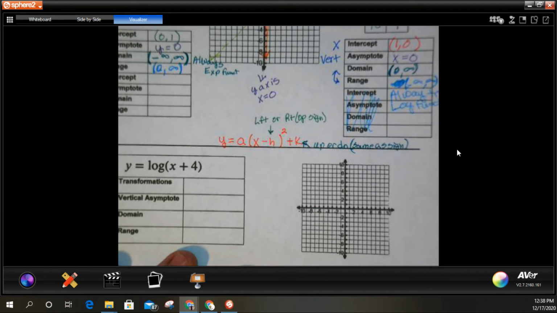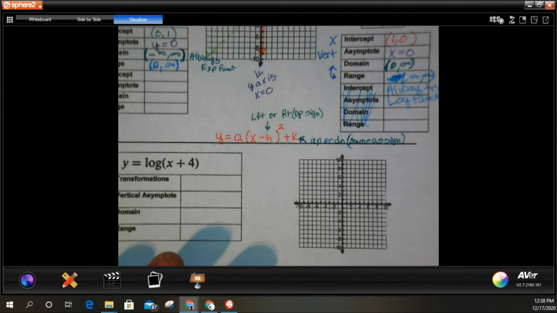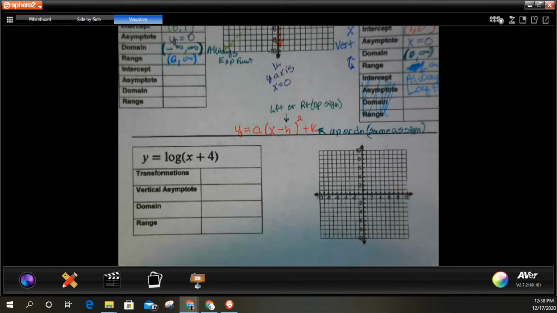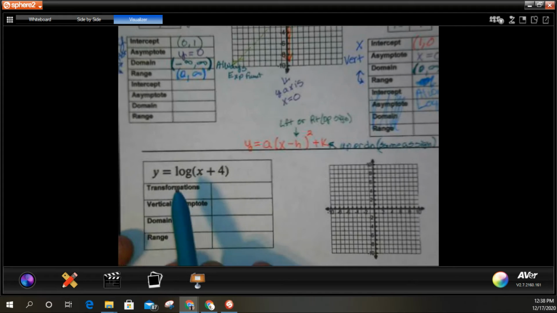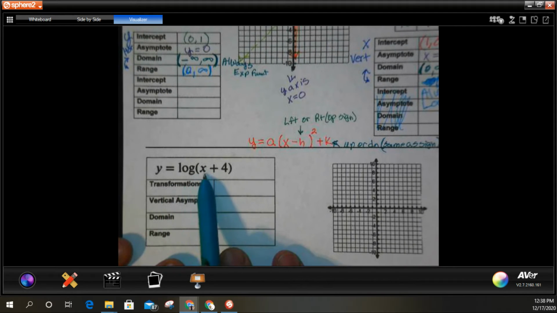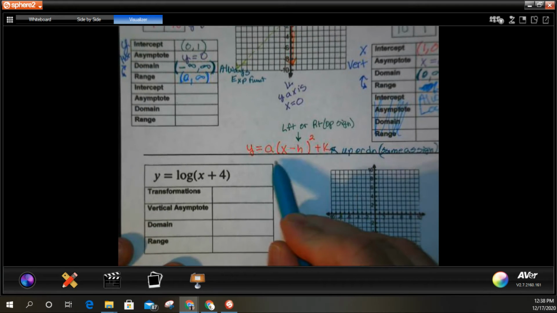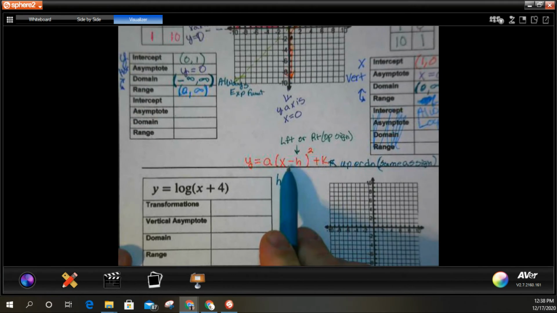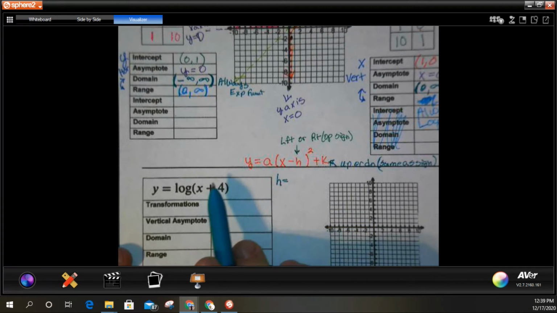Okay, so let's look at our problem here. I have y equals log of x plus 4. Okay, so here my h is, remember, it's got to have a minus there. So since this is +4, I have a minus minus 4. So my h is opposite the sign. So my h is -4 here.